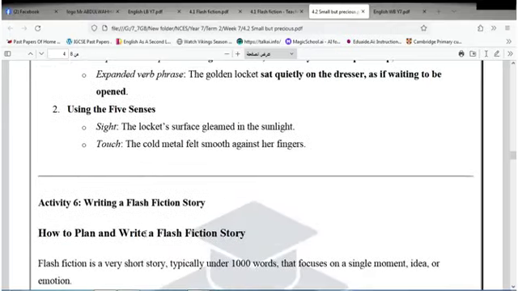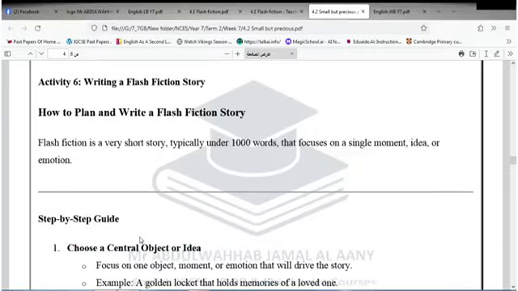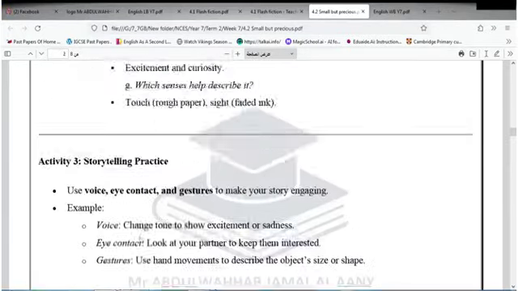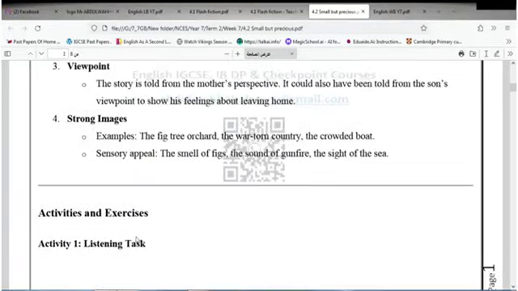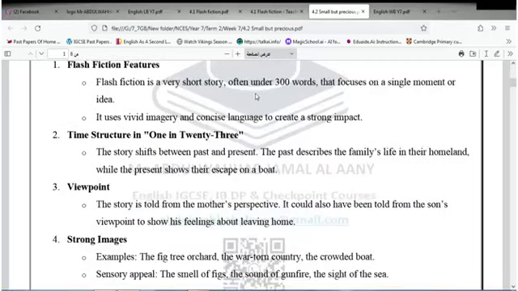A good example of a flash fiction, as we said, is "1 in 23." And I wanted to mention something very important about flash fiction again. It is a very short story, often under 300 words, that focuses on a single moment or idea.